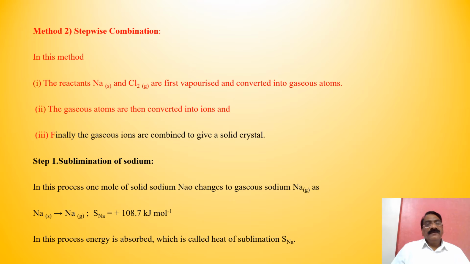In the second step, gaseous atoms are then converted into ions. And third, finally the gaseous ions are combined to give the solid crystal. So we are going to see the stepwise formation of this NaCl.